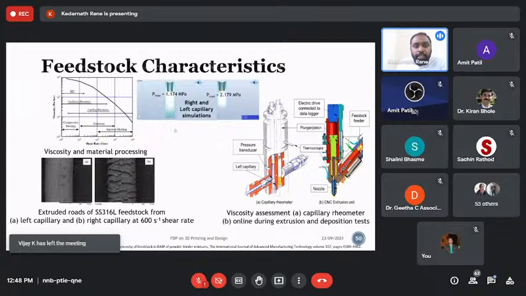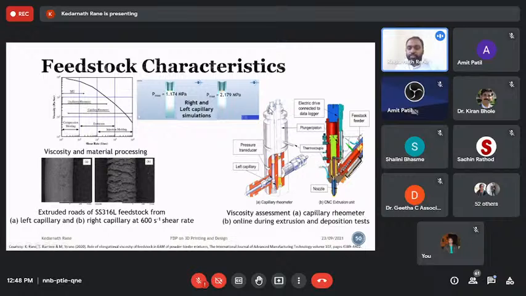And we did some modeling for different extrusion pressures, because to simulate the process physically, there is a system called a capillary rheometer. We studied the melting behavior and extrusion behavior as a simulator, as well as in the machine itself. That's why we called it online rheology.